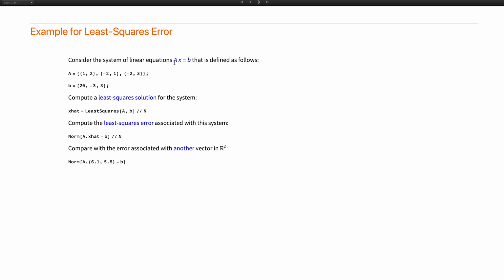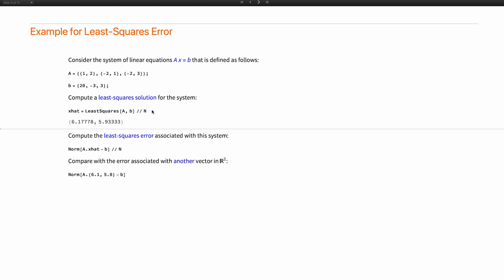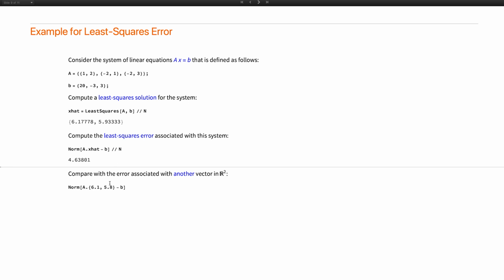Okay, so as an example of the least squares error, let's again take the same example as earlier on. So now do the least squares solution, work out the error, and compare it with any other vector x, and you see that the error instantly goes up. So you do have a kind of best possible approximation to a linear system when you use the least squares method.